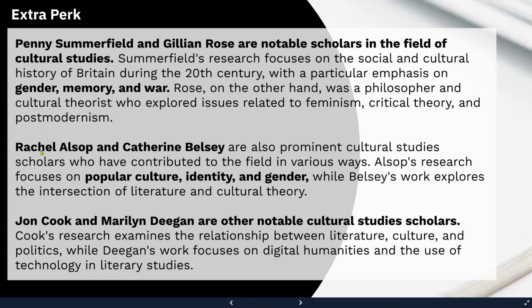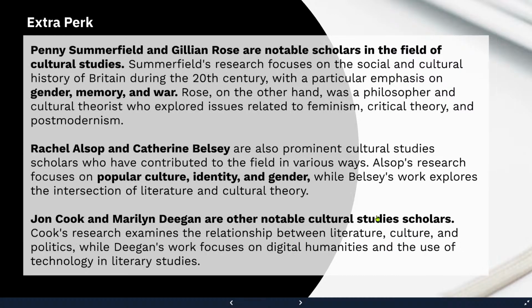Another option was Rachel Alsop and Catherine Belsey. They are also cultural studies scholars, and they talk about popular culture, identity and gender. John Cook and Marilyn Deegan are other notable cultural studies scholars. In their work they talk about culture, literature and politics.